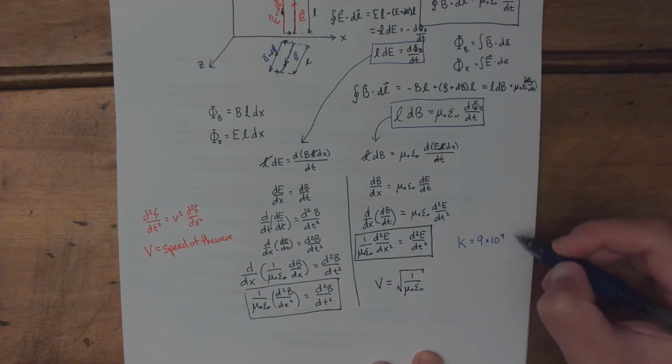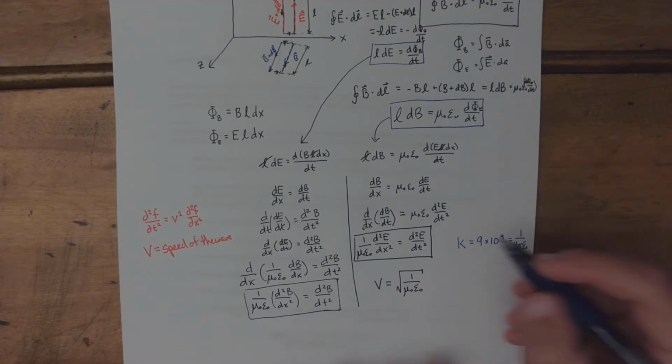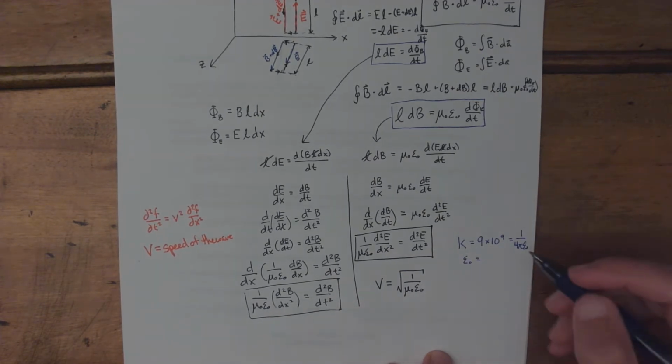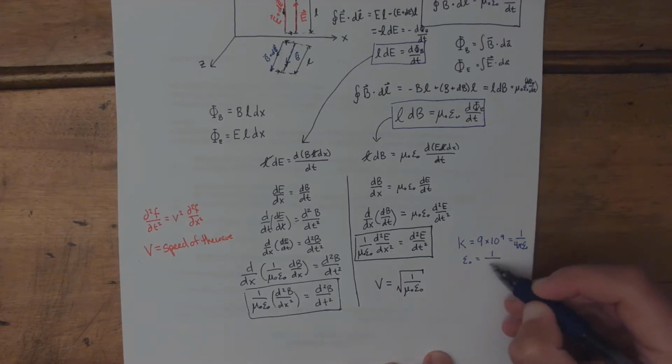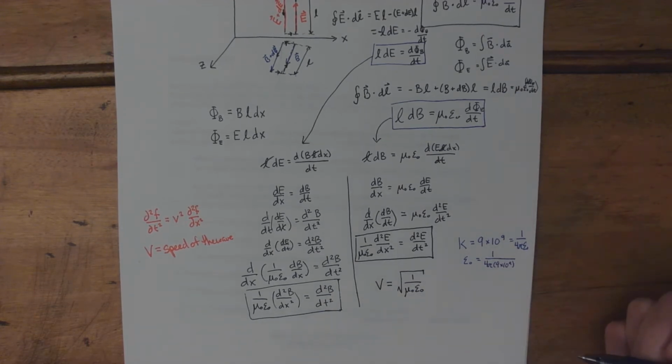So that's our constant k, which is equal to 1 over 4 pi epsilon naught. So I could say then epsilon naught is equal to, multiply both sides by epsilon naught and divide both sides by 9 times 10 to the 9th, and you get 1 over 4 pi times 9 times 10 to the 9th with some units.